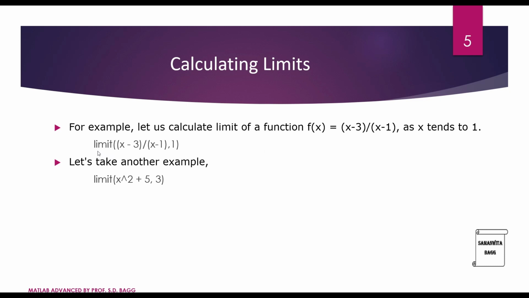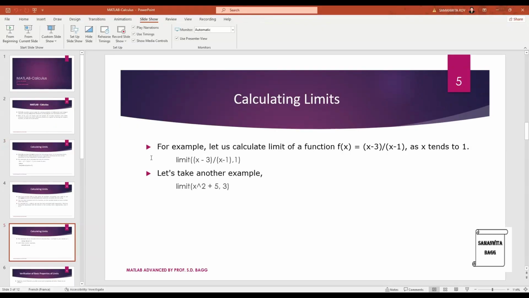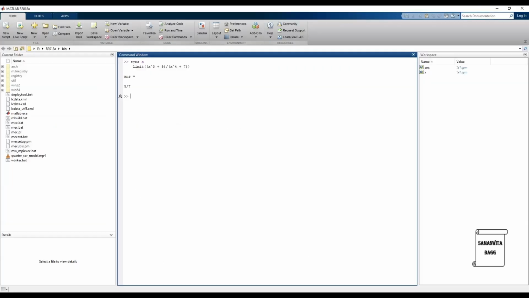So I'm going to write in this form limit (x - 3) / (x - 1), and x is tending towards 1. So let's substitute this in MATLAB. You can see here you get NaN, which means not a number because it is infinite. Any number upon 0 is infinite.